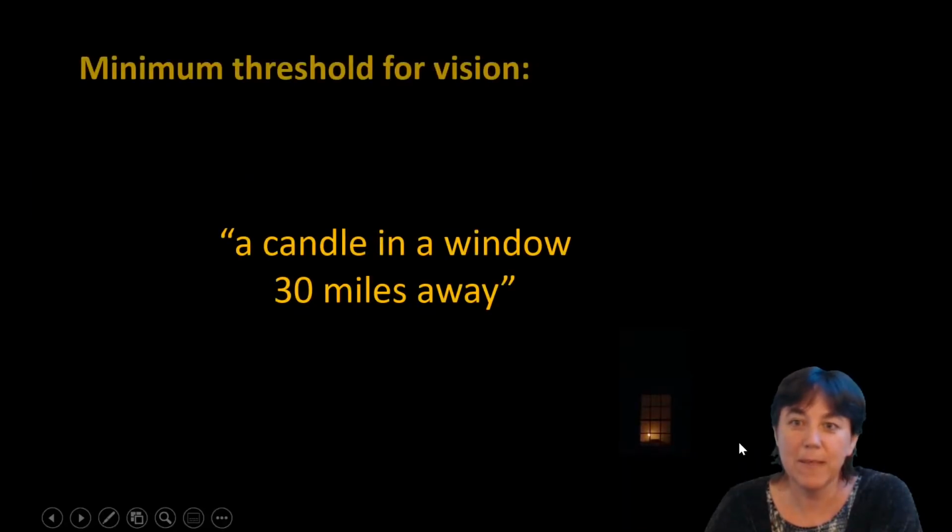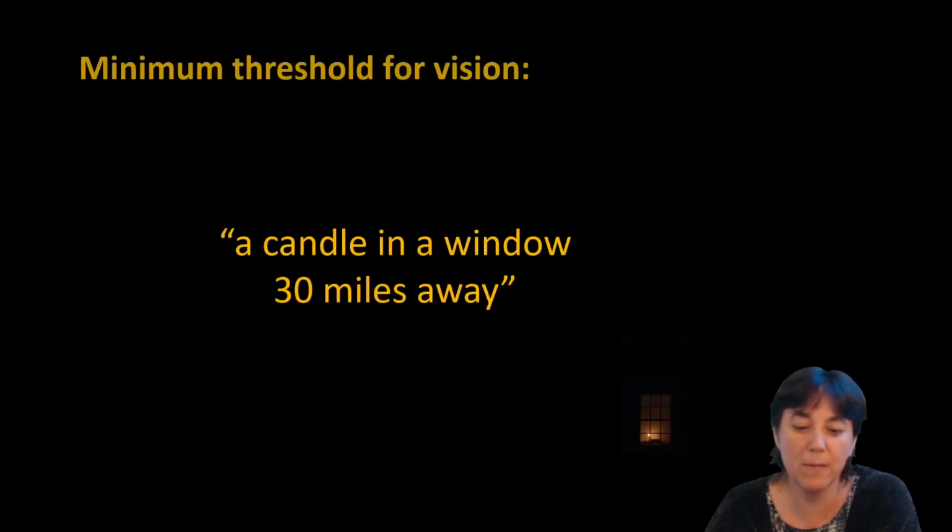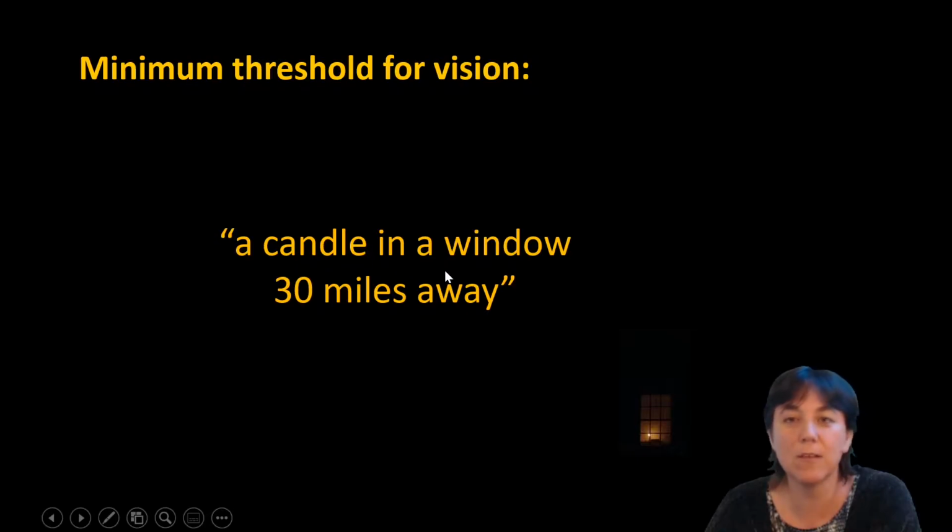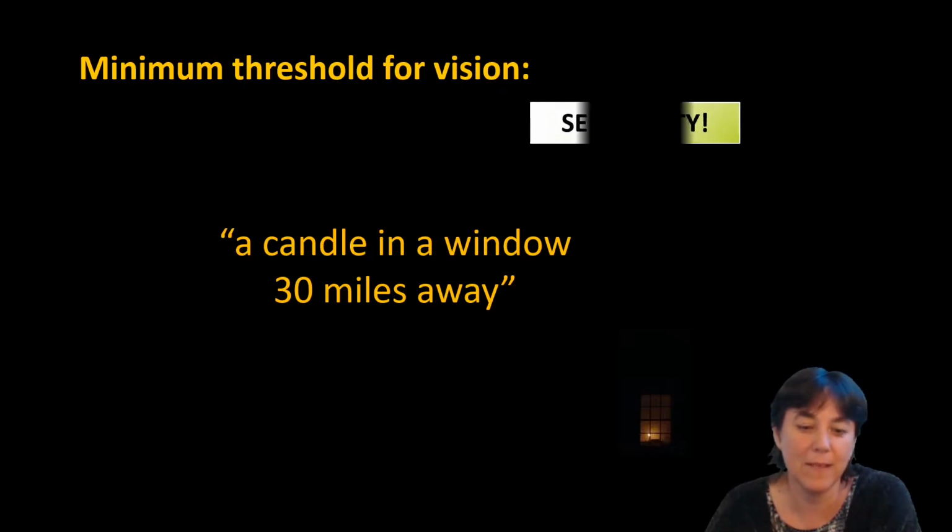So let's begin with the minimum threshold of vision, and before going into the details, what do you see there in the back? Hopefully you see a candle light very far, and you can sense it really, really far away. The minimal threshold for vision is a candle in a window 30 miles away. That's a lot.